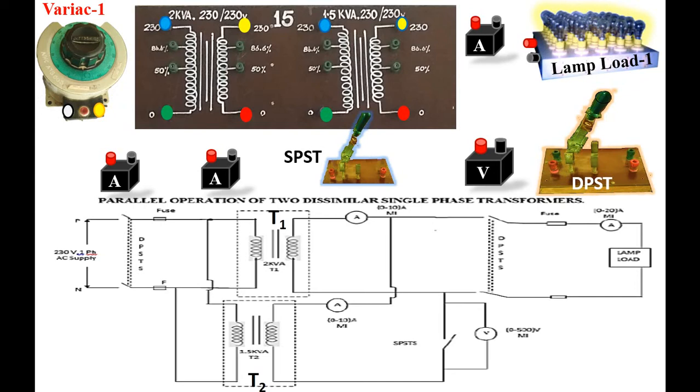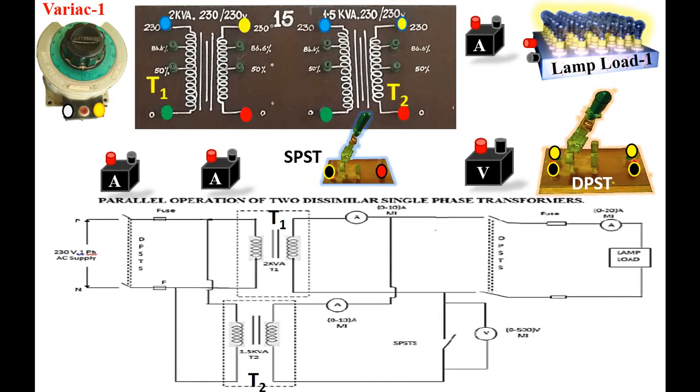And similarly, we have SPST switch and DPST switch, single phase lamp load, and the ammeter for your lamp load, and then the panel that you can observe. So these are the knobs that we'll be using for connections, and these are with respect to the two dissimilar transformers, primary and secondary knobs that we'll be using for connections, and the rest of the knobs are not required.